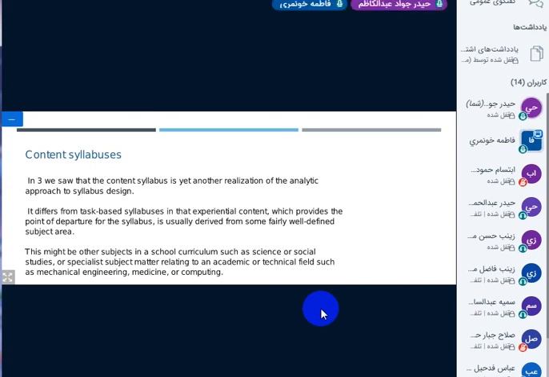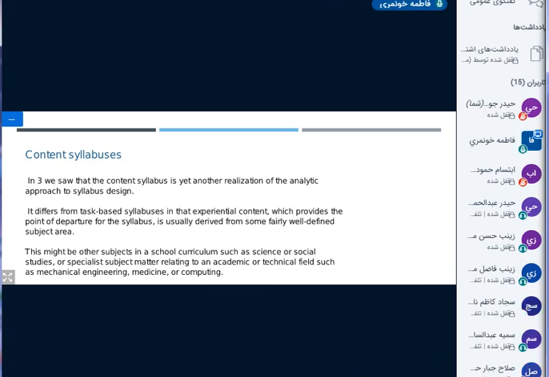Mm-hmm. Yes, good. So the focus is on content rather than on language itself, right? Yes, absolutely right. So that's why it is called content-based. You see, in a content-based syllabus, a subject matter, or as they call it experiential content, like physics, chemistry, I don't know, literature, social sciences, theology, you name it, a topic or theme is selected as content.